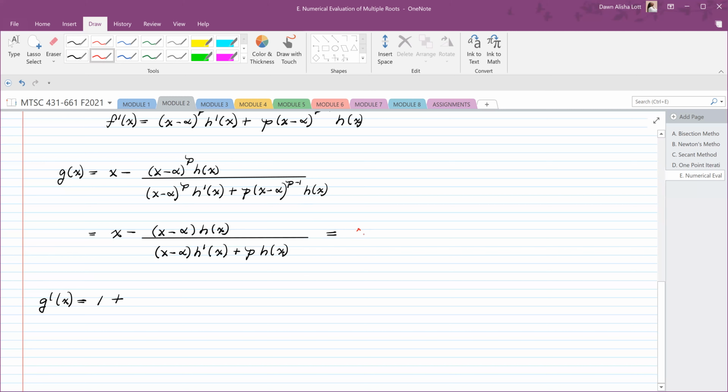So I'm going to write this as x minus (x minus alpha), and then we're going to multiply this by h of x over that whole denominator, which I'm going to write as p times h of x plus (x minus alpha) times h prime of x. Okay, so now I can use a product rule.